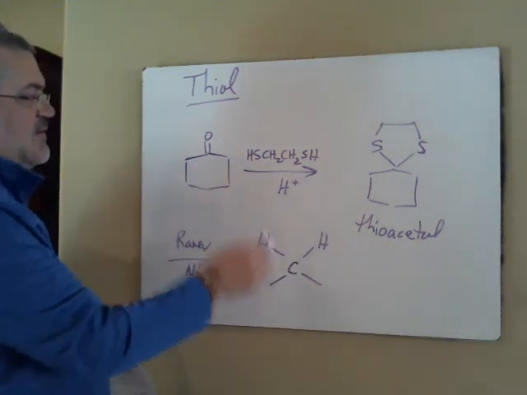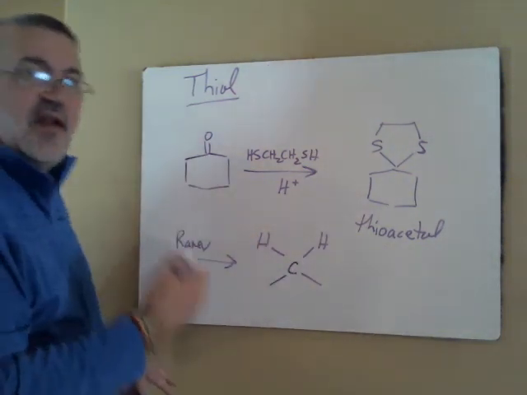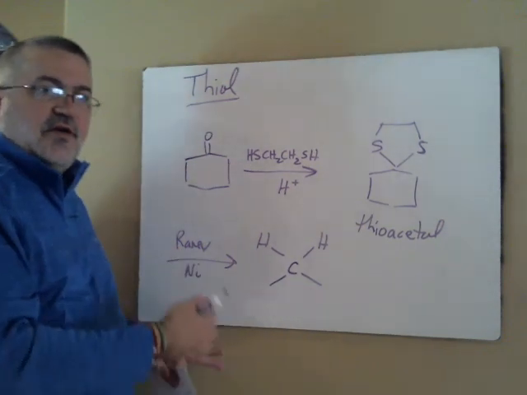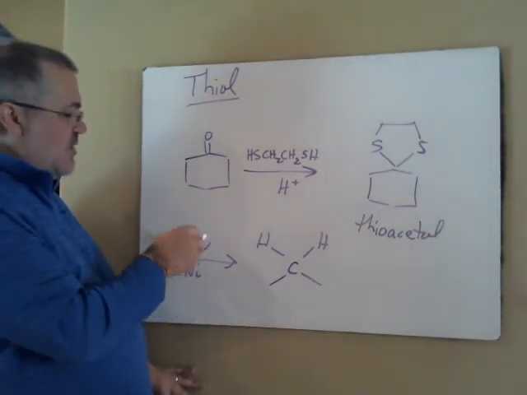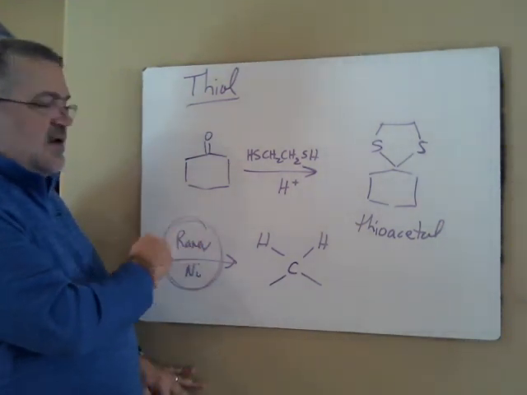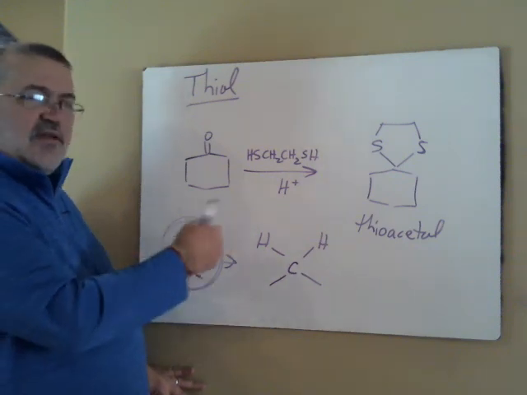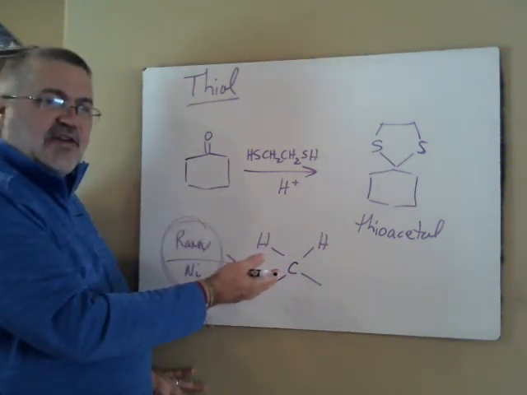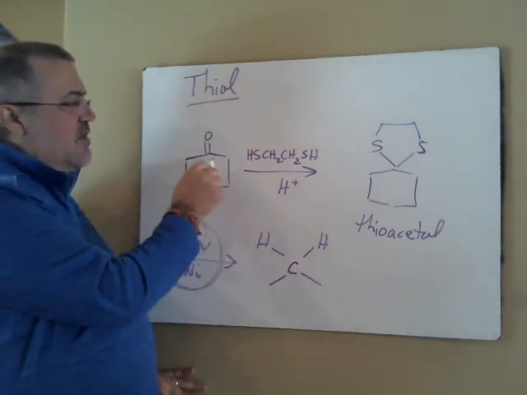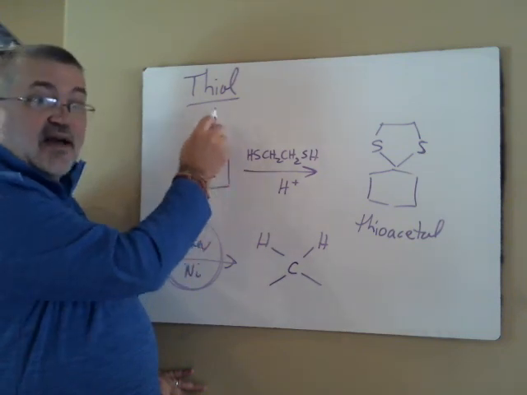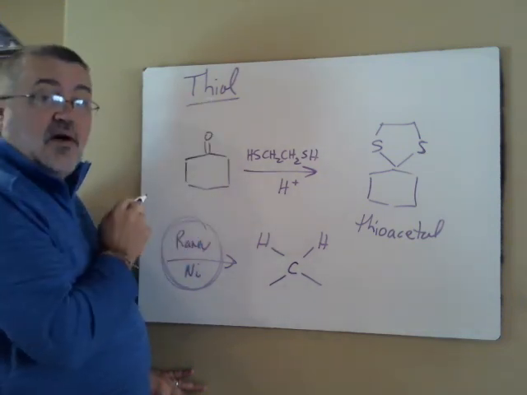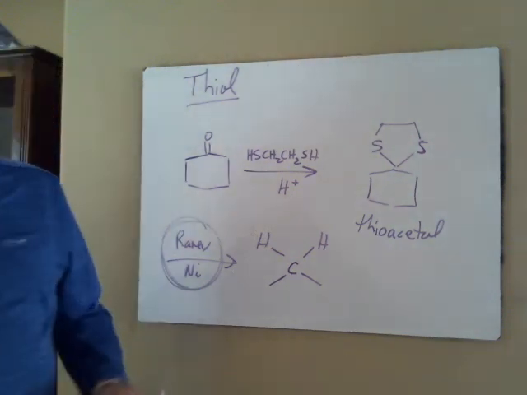So it had the same result as a Clemmensen or a Wolff-Kishner or whatever. But the problem is Raney nickel, I don't think you can even get it anymore. So this is kind of an archaic reaction. But I wanted to show you that thiols will react exactly like an alcohol with a ketone or an aldehyde.